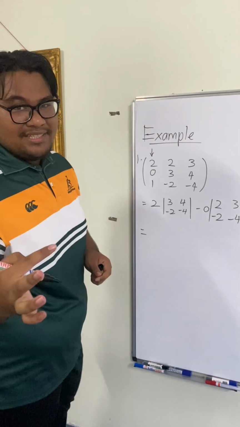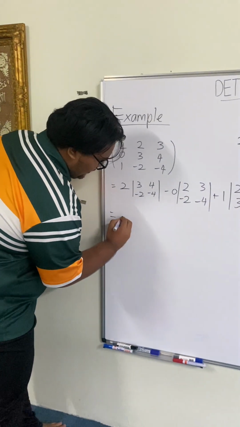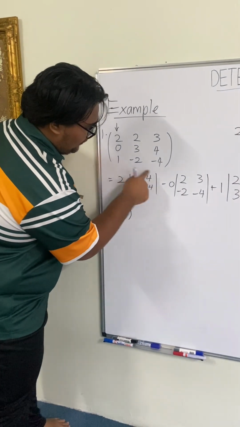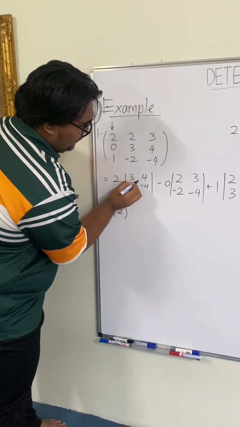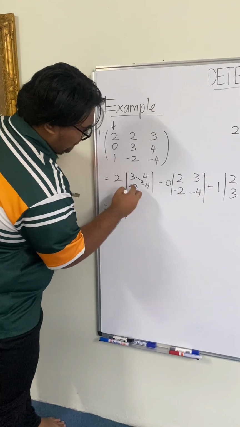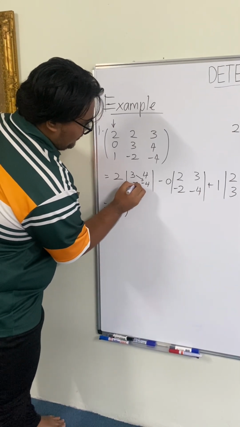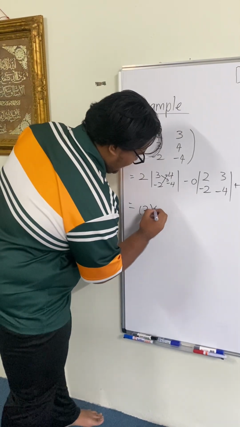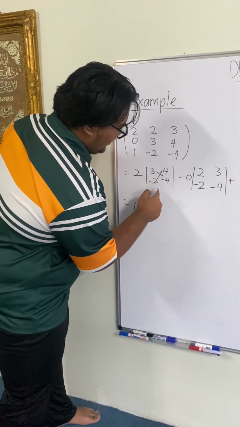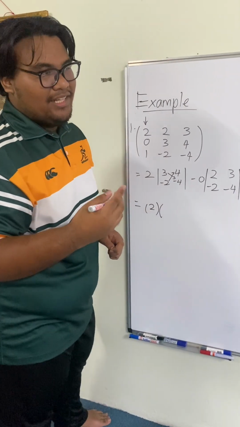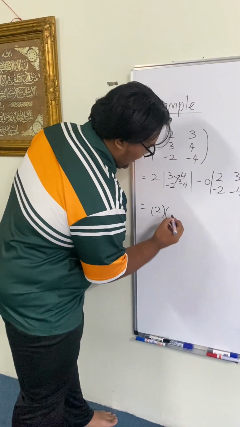The third step is you write the number 2, and then for this one you have to multiply. This one is multiplied by this, and minus this one multiplied by this one. So 3 times 4 is negative 5, minus negative 8, so we get negative 4.